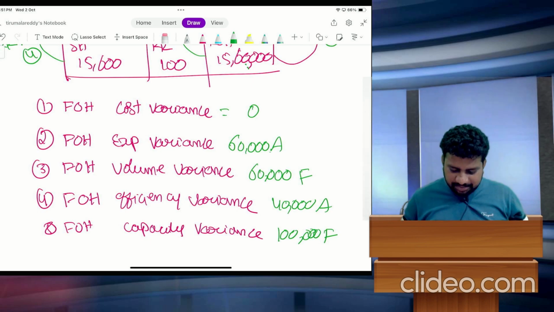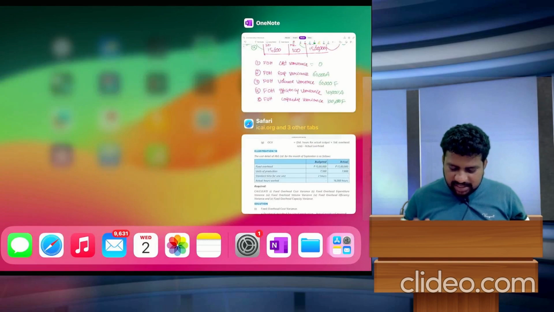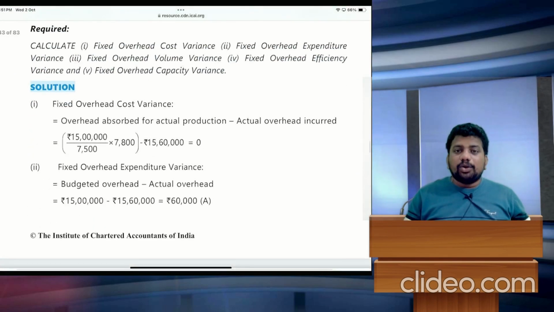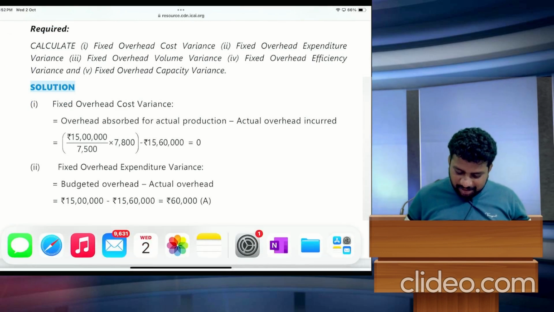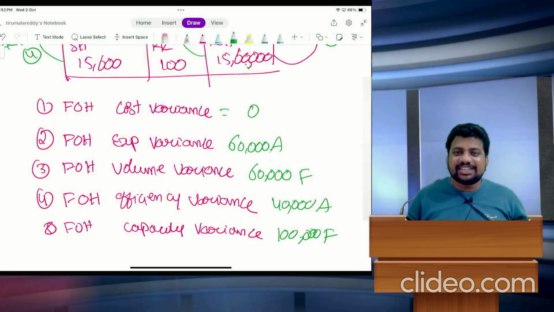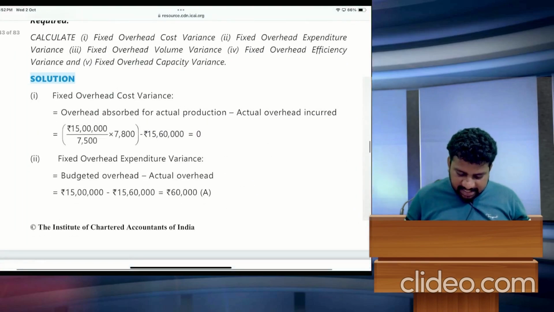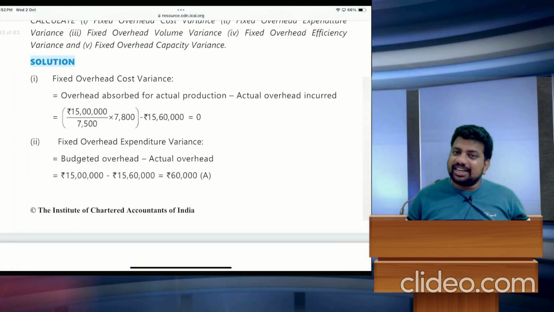Just to cross check, to give you confidence, go through these answers. Overhead variance: cost variance 0. Next one we got expenditure variance 60,000 adverse.